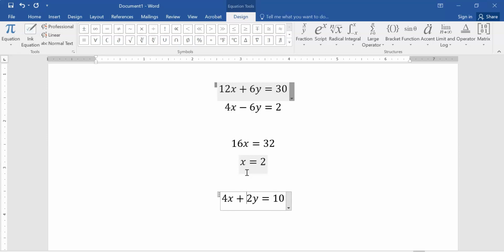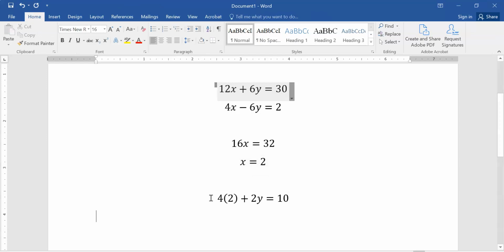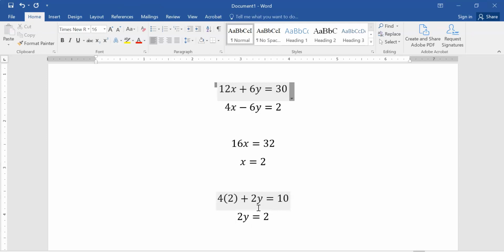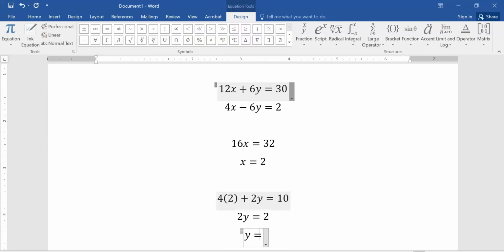So I'm going to plug in a 2 for the x, and then solve. 4 times 2 is 8. 8 plus 2y equals 10. Subtract 8 from both sides. 2y is equal to 2. Divide both sides by 2. You get y is equal to 1.